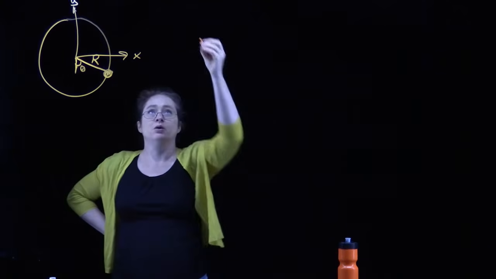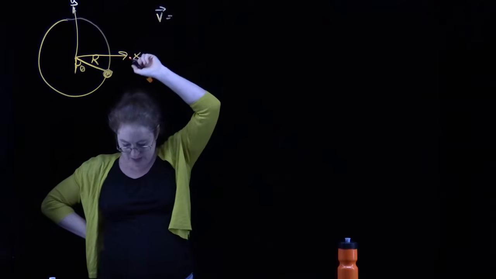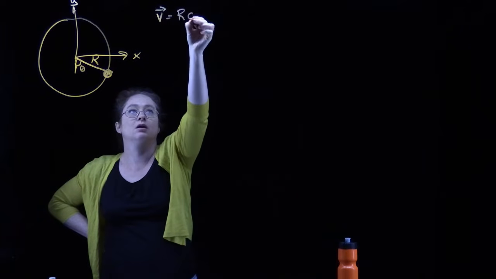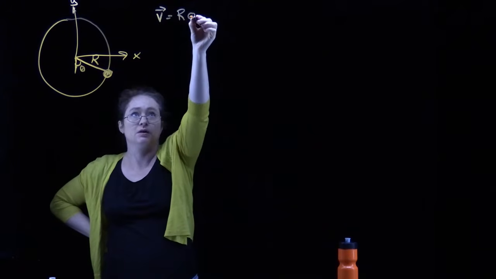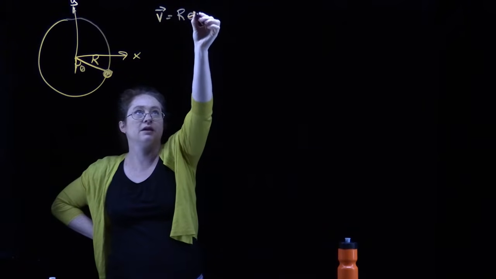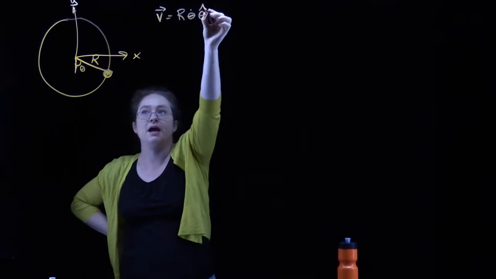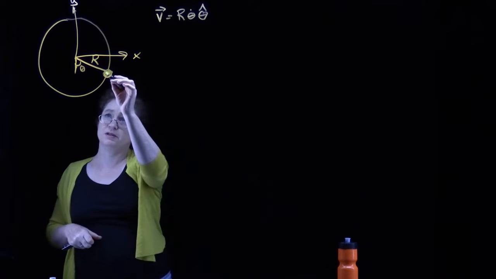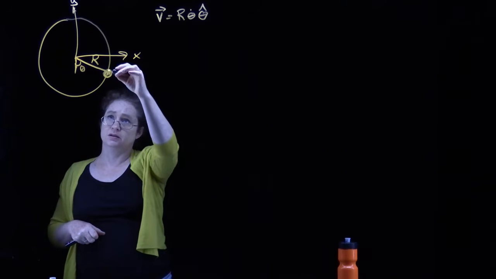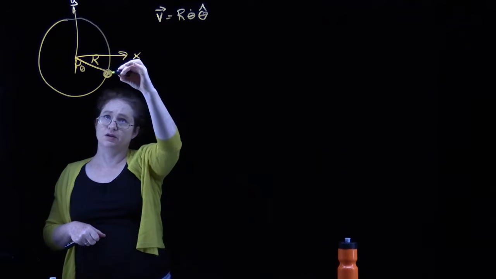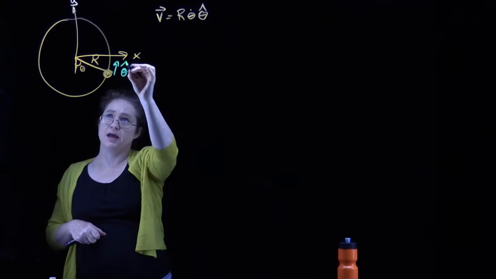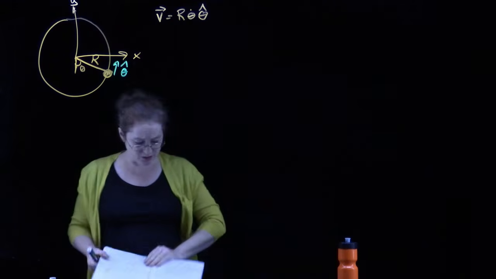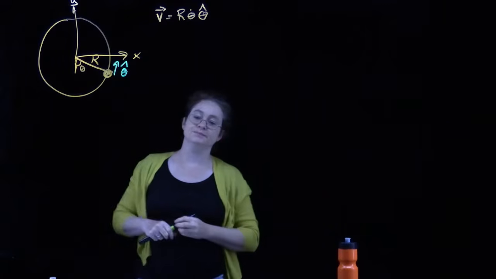So then we can describe the velocity of the bead as r theta dot in the theta hat direction. Again, this is not quite polar coordinates, because here this is theta hat. Theta hat is the direction of increasing theta.